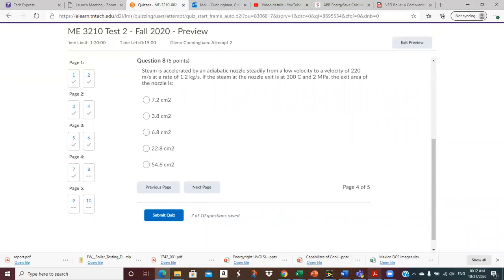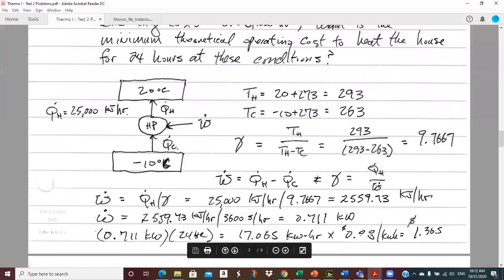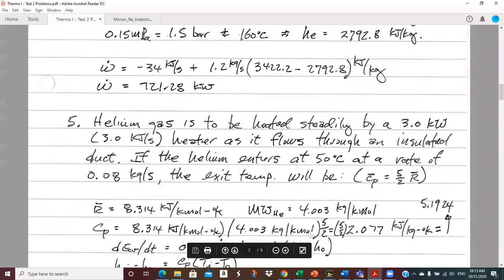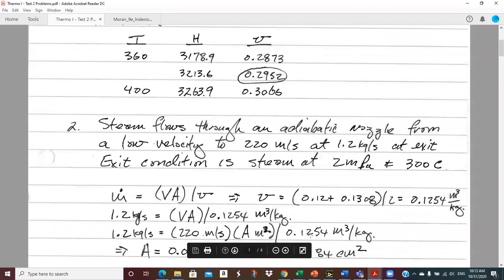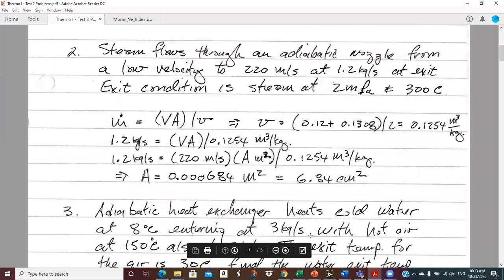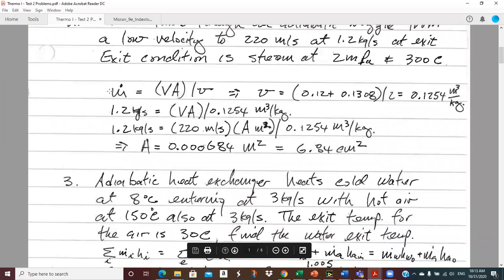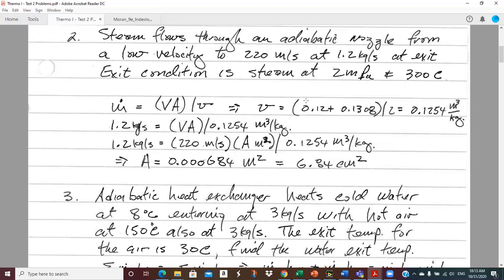Okay, adiabatic nozzle. We're just using this pretty simple expression here. The mass flow rate is volume flow rate, which is velocity times cross-sectional area divided by specific volume. Let's see. So we have to get the specific volume.